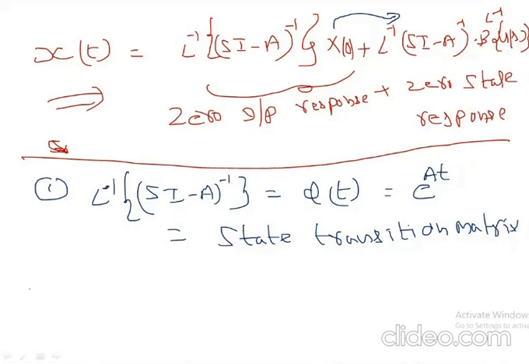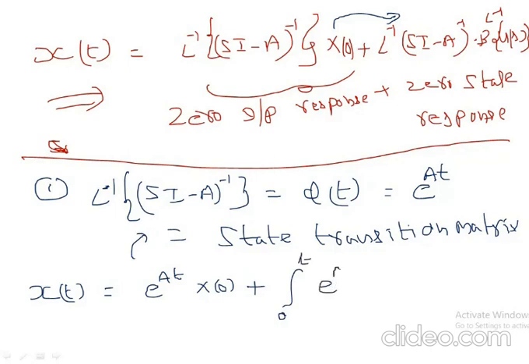And finally, the mathematical formula for x of t can be given by x of t is equal to e power At into x of 0, where e power At is once again the same expression, plus integration from 0 to t of e power A into (t minus tau) into B into u of tau.